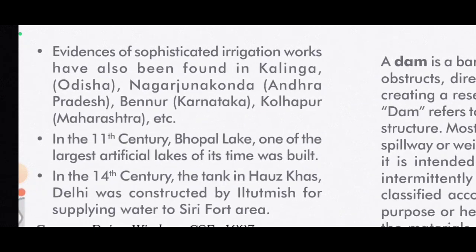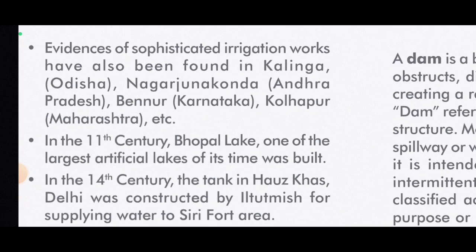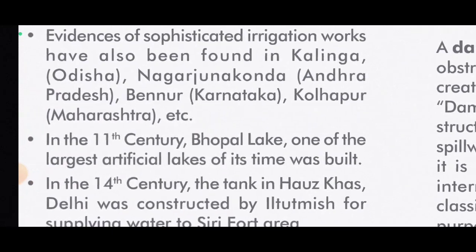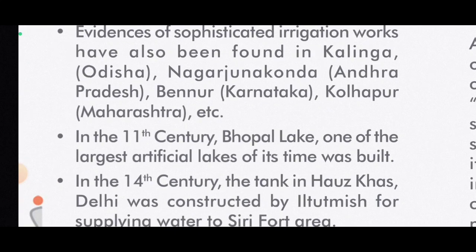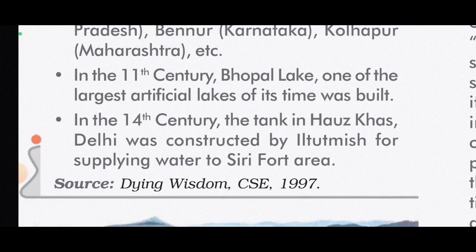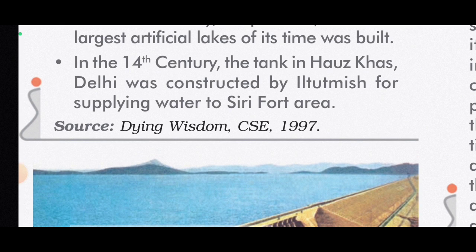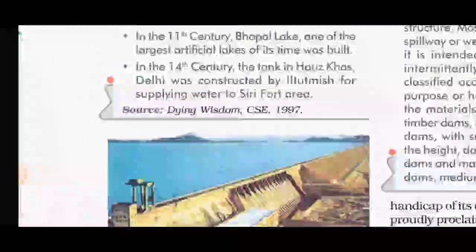Evidences of sophisticated irrigation works have also been found in Kalinga, Odisha, then Nagarjunakonda, Andhra Pradesh, Bennur, Karnataka, Kolhapur, Maharashtra, etc. In the 11th century, Bhopal Lake, one of the largest artificial lakes of its time, was built. In the 14th century, the tank in Hauz Khas, Delhi, was constructed by Iltutmish for supplying water to Siri Fort area.